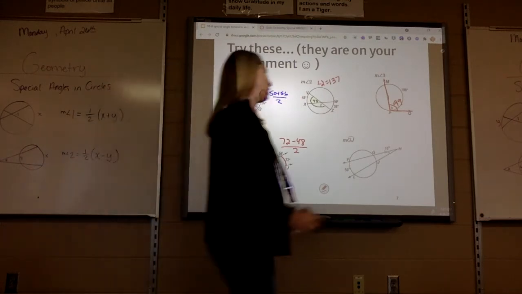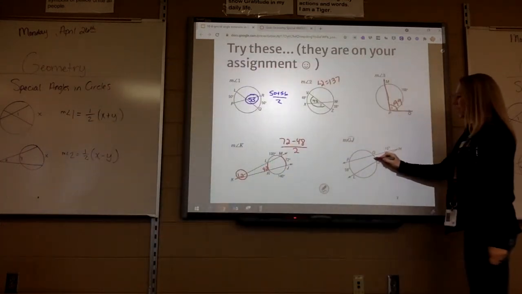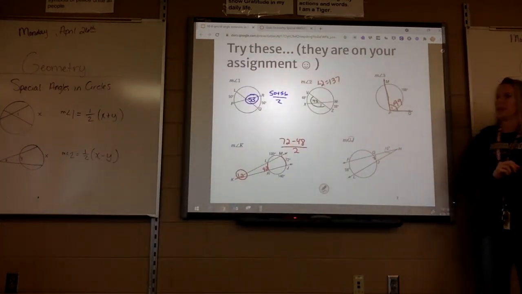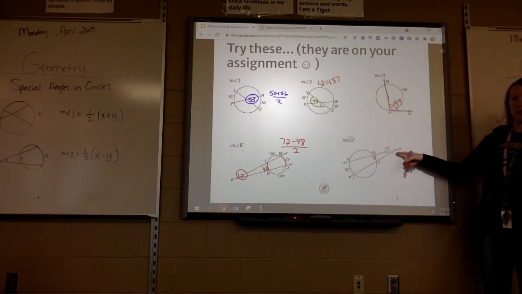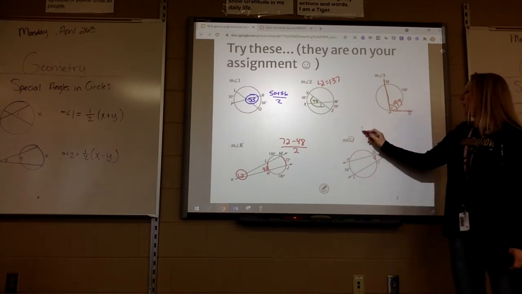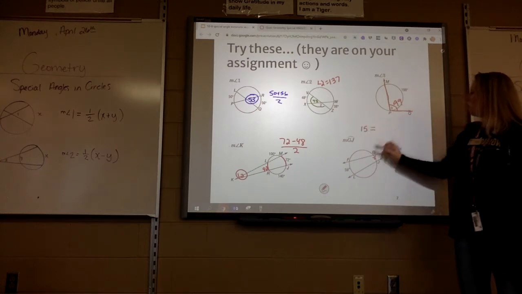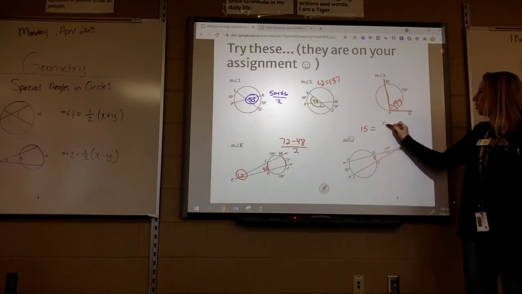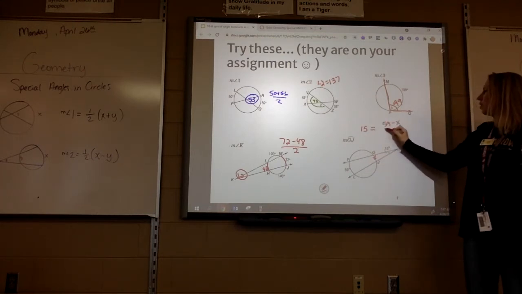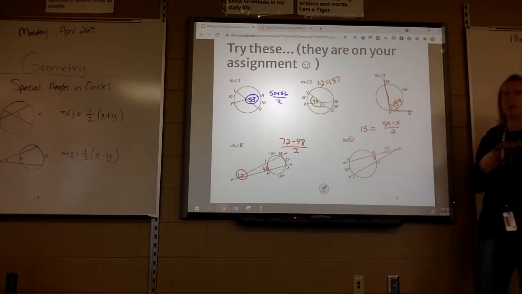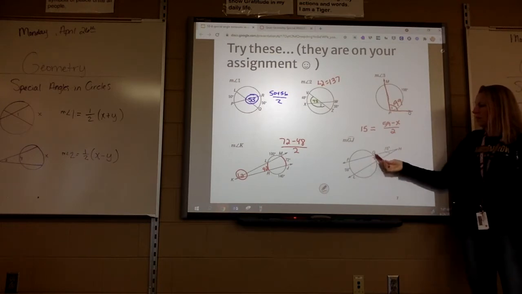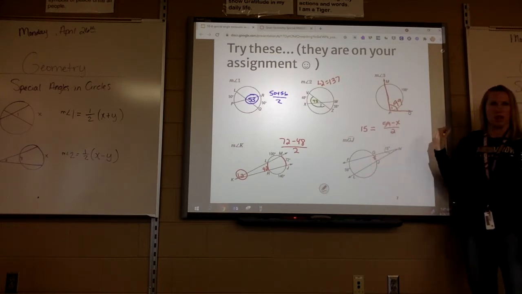This one, I need to find this arc. This one's set up a little bit differently. I don't know if you want to write this down. I know this angle equals the subtraction of those two arcs divided by 2. I don't know this arc right here, so I just called it x.